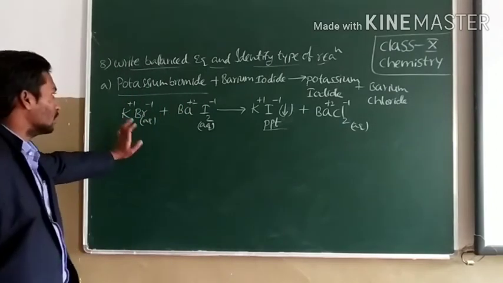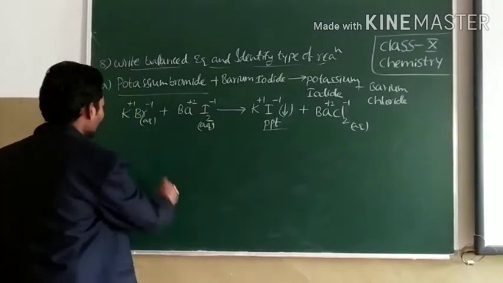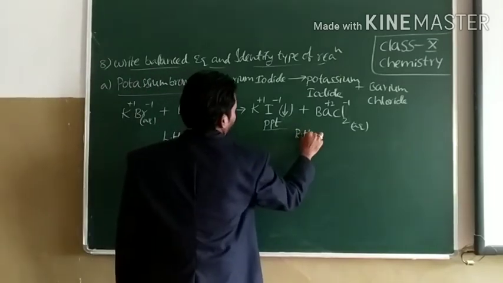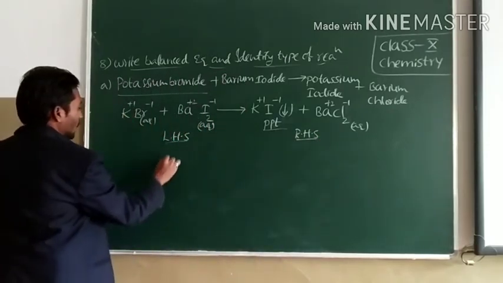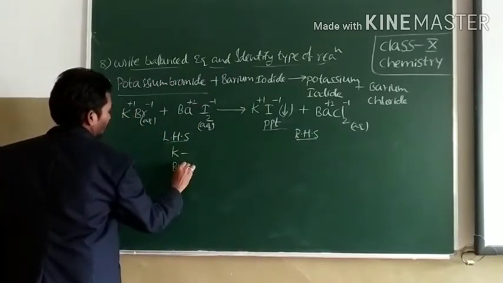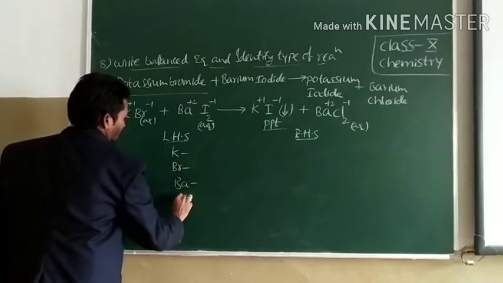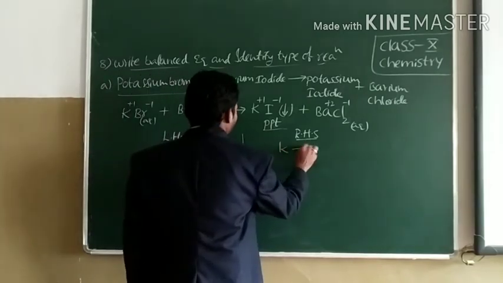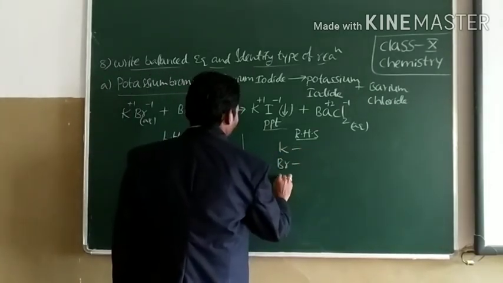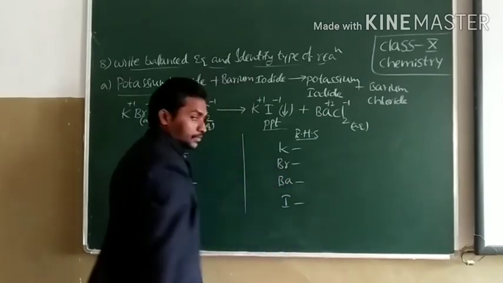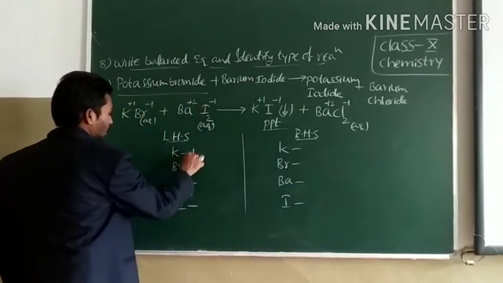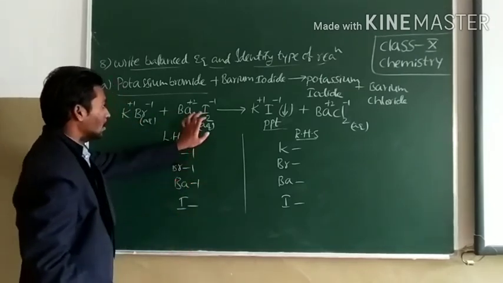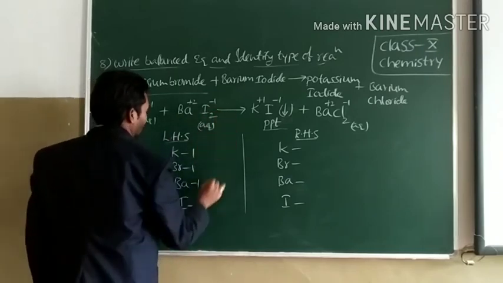Let us verify whether it is a balanced equation or not. Let us write the number of atoms on both sides of the equation: potassium, bromine, barium, iodine. On the left side, one potassium atom, one bromine, one barium, and in BaI2, 2 iodine atoms.